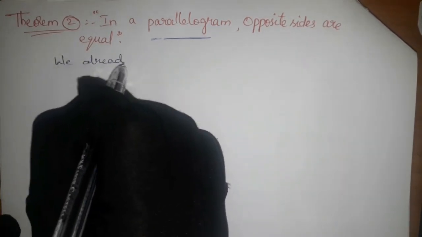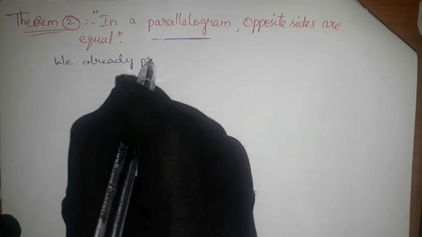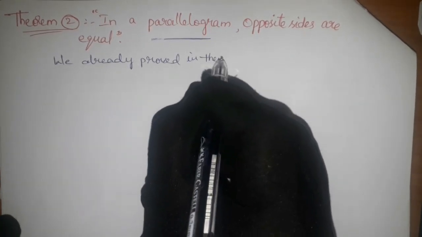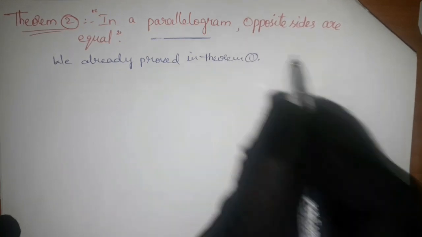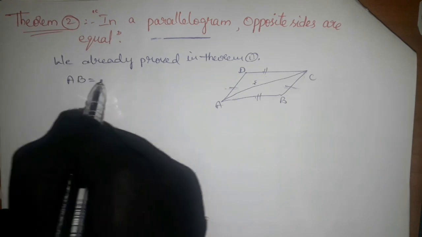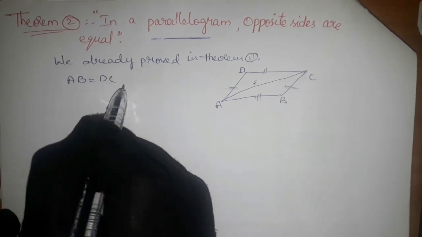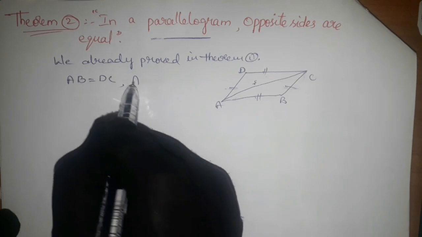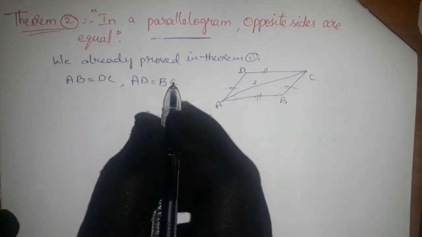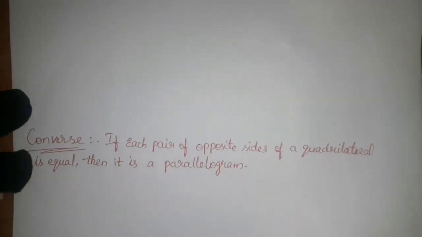See the second theorem. We have to prove opposite sides are equal in a parallelogram. For that, in the first theorem, we proved that two triangles are congruent. When two triangles are congruent, then you can write AB equal to DC, AD equal to BC by CPCT, means corresponding parts of congruent triangles.